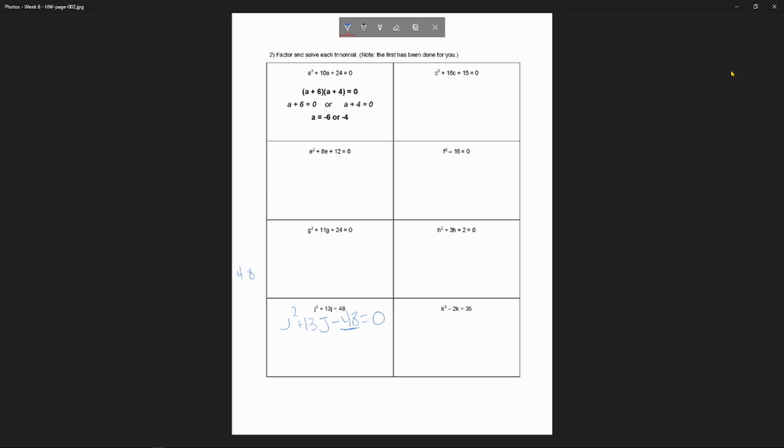So you can do it by starting off with the smallest, which would be 1 times 48 will give you 48, or 2 times 24 will give you 48, 3 times 16 will give you 48, 4 times 12 will give you 48, and we can keep going, but we can see here, we have a 16 and a 3, which multiply to negative 48 if one of these two numbers was negative.